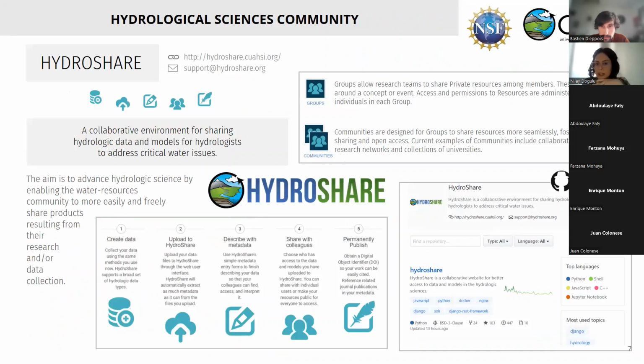Okay, so what's next? The hydrology community. We have this HydroShare initiative by CUAHSI, the Consortium of Universities for the Advancement of Hydrologic Science. It's an initiative from the USA. So they have this collaborative platform for sharing data and models for hydrologists.